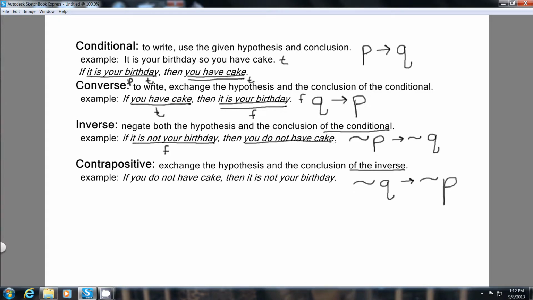It doesn't really matter whether our conclusion is true or false, but if it is not your birthday, you do not have cake. In this case, if it is not your birthday, you may still have cake. So we can say that's false and make our entire conditional statement false.